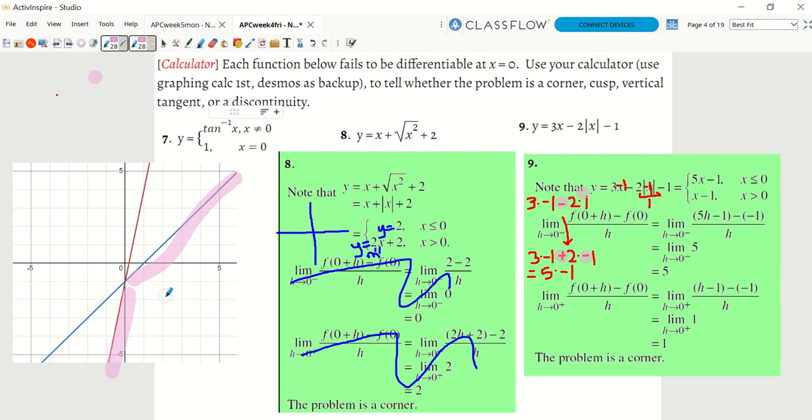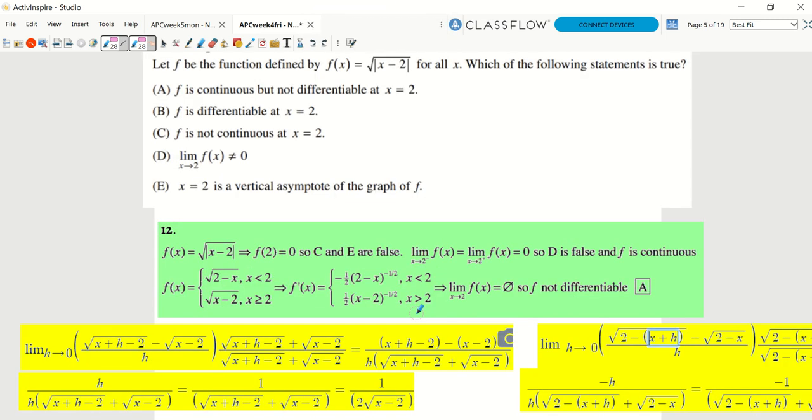Okay, let's look at this last one over here. Which of the following statements are true? So here's your answer.